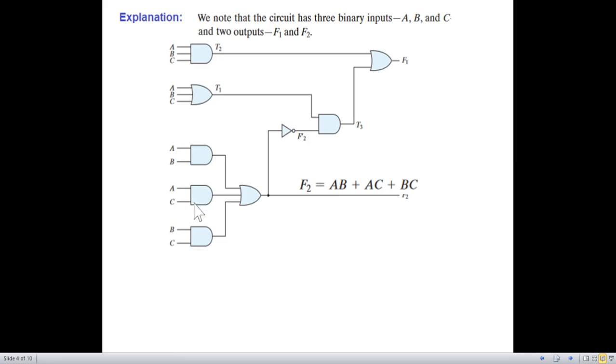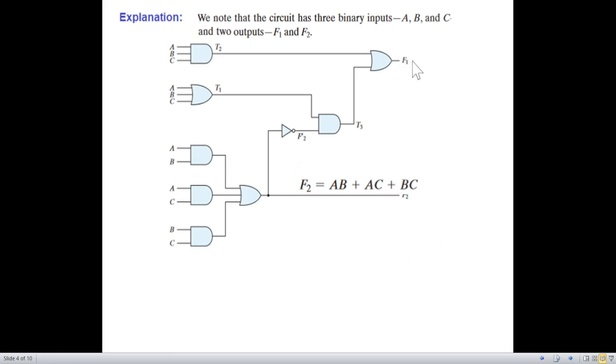Then the output of this one will be AC, and the output of the third AND gate will be BC. Now all three outputs of the AND gates are fed into an OR gate. So because of the OR gate, the output F2 will be with plus signs. So this is the output equation for F2.